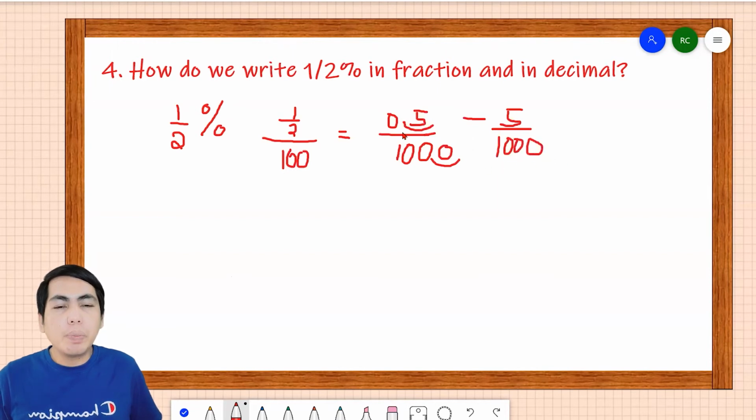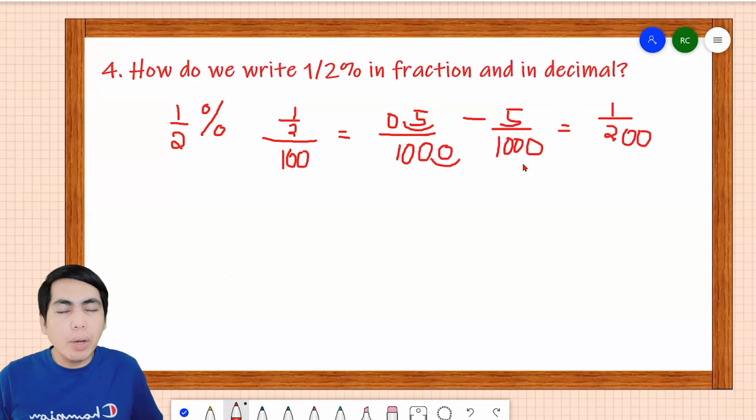So 0.5 over 100 is equivalent to 5 over 1,000, or in lowest term, 1 over 200, since we divide the 5 and 1,000 by 5, which is the GCF of 5 and 1,000. So 1/2% is equivalent to 5 over 1,000 or 1 over 200 in lowest term.